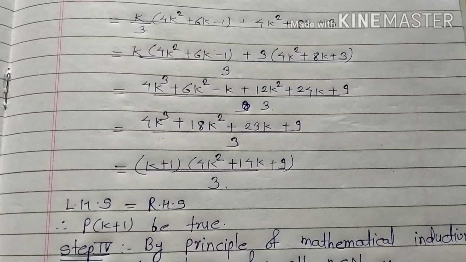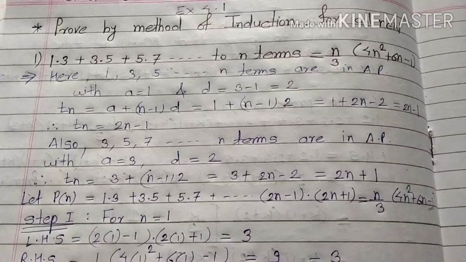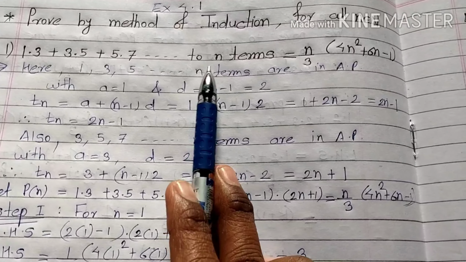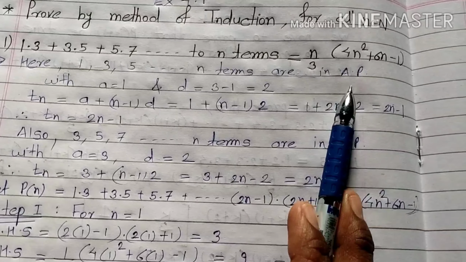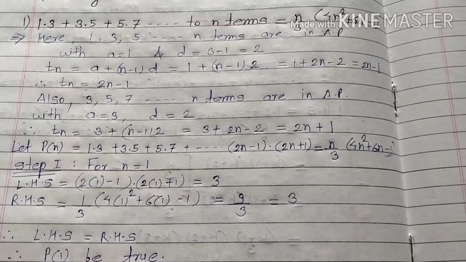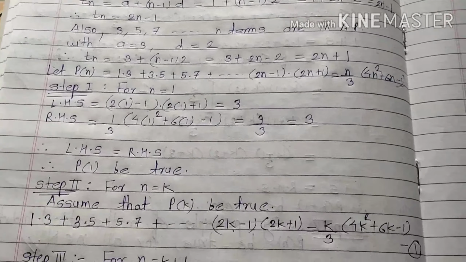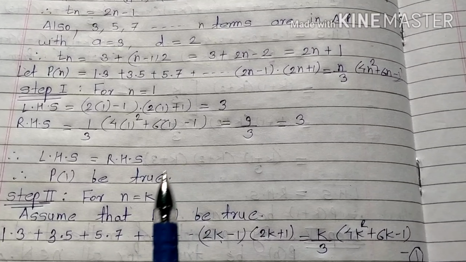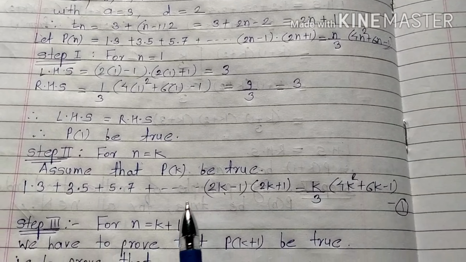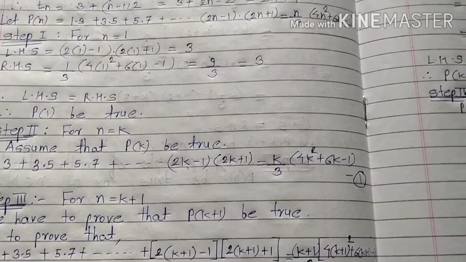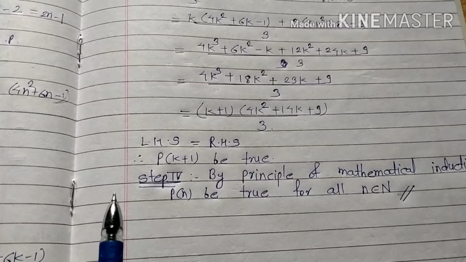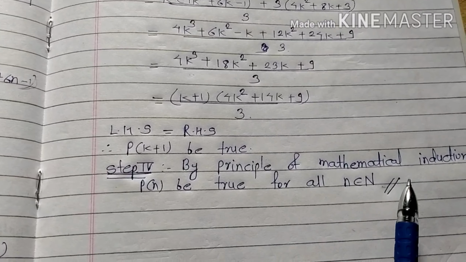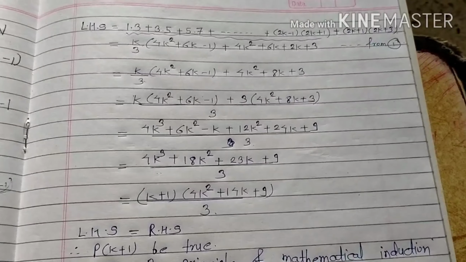So here we are done with our example. You can observe that in this example, first we find the n-th term, which was missing here. So we first find the n-th term by arithmetic progression. Then we repeat all the steps: step first for n equal to 1, step second for n equal to k, step third for n equal to k plus 1, and after that we conclude in the last step that P of n is true for all n belongs to natural numbers.